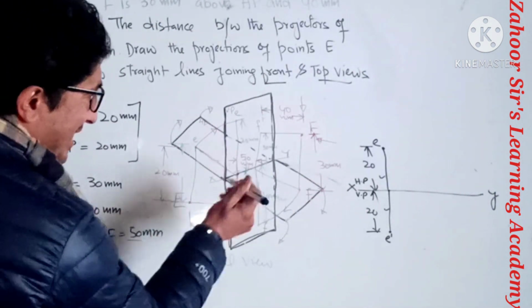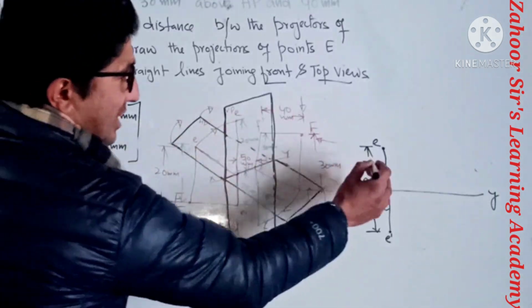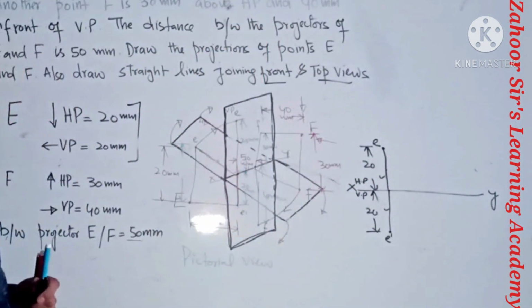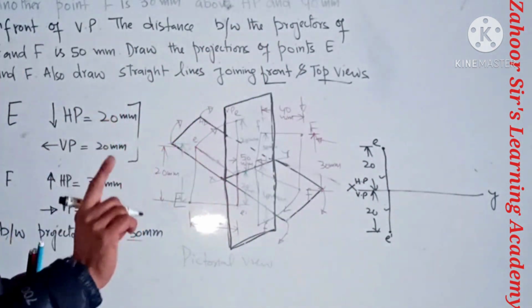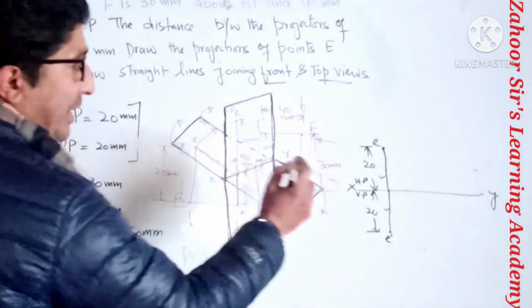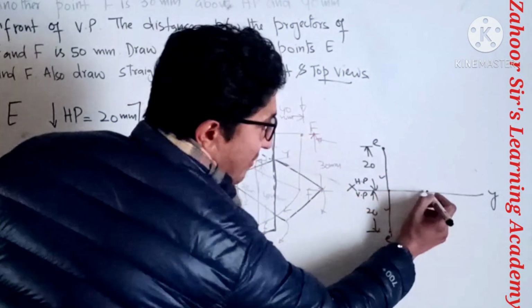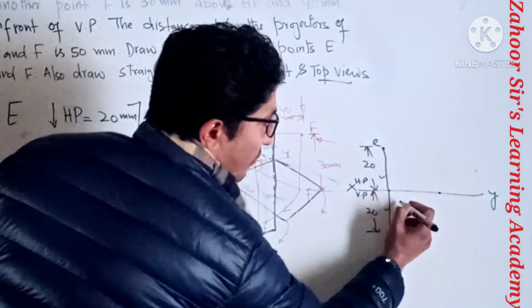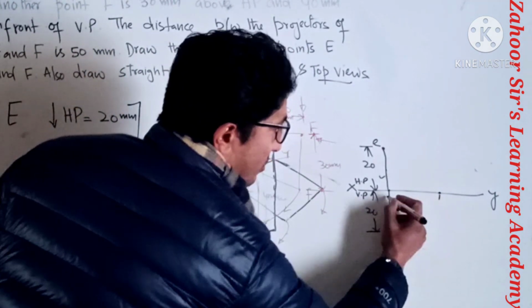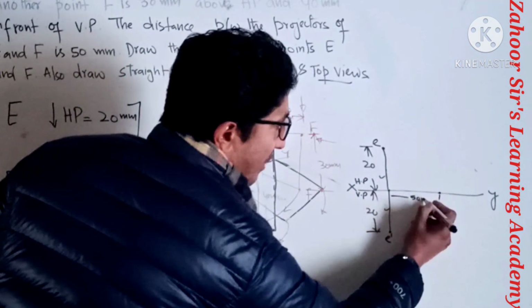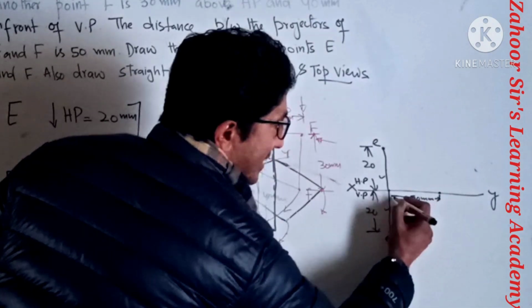Now, one more thing: the distance between the projector of E and the projector of F is 50. So from this I will measure 50 mm, from this point to this point.